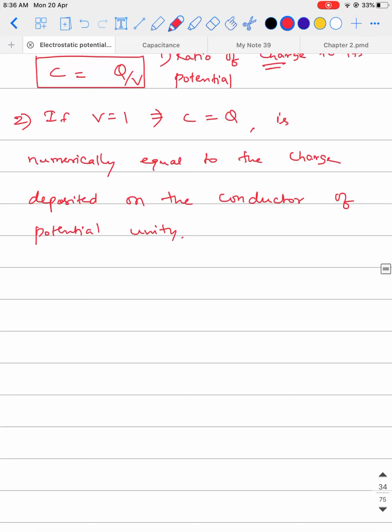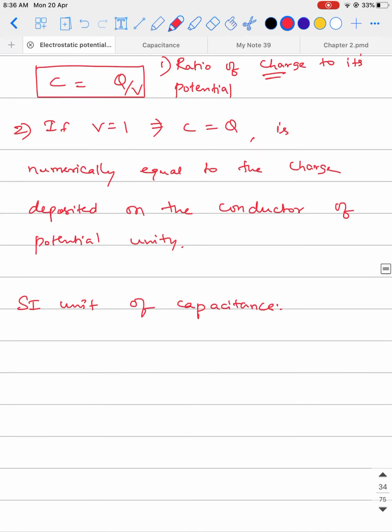Now we will see the SI unit of capacitance. Since C is equal to Q by V, it is defined as coulomb per volt. This coulomb per volt put together is called Farad, named after the scientist Faraday, and the symbol used is capital F. In real life, Farad is a very big quantity.